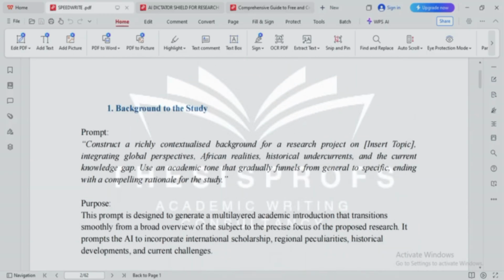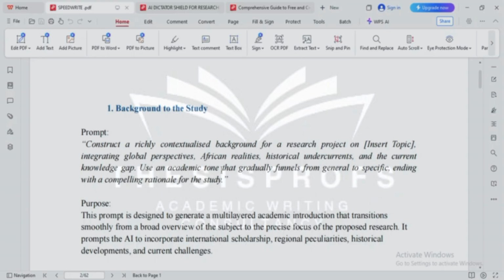Now you can see this is background to the study. And then we are saying here, construct a richly contextualized background for a research project on, and you insert a topic, integrating global perspectives, African realities, historical undercurrents, and the current knowledge gap.